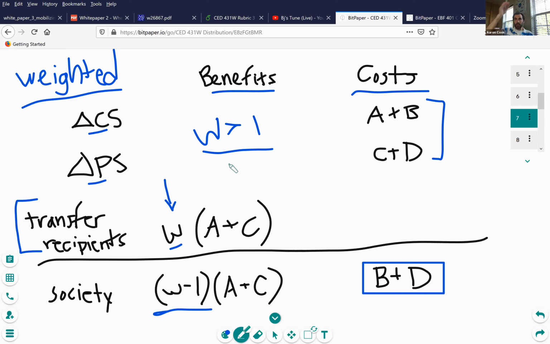It's completely in your hands now, what you choose as the value that you put on the benefits to those transfer recipients, and that in turn will dictate what the value of this project is.